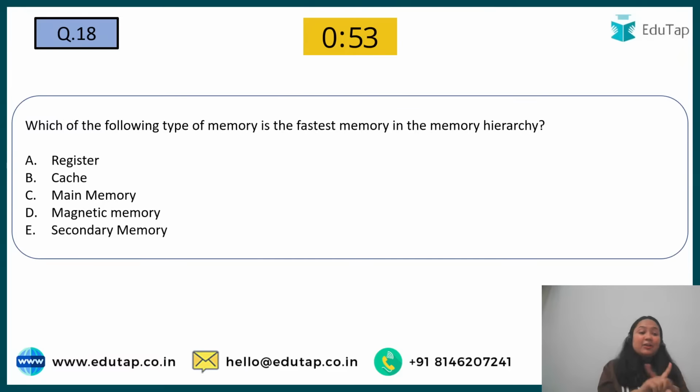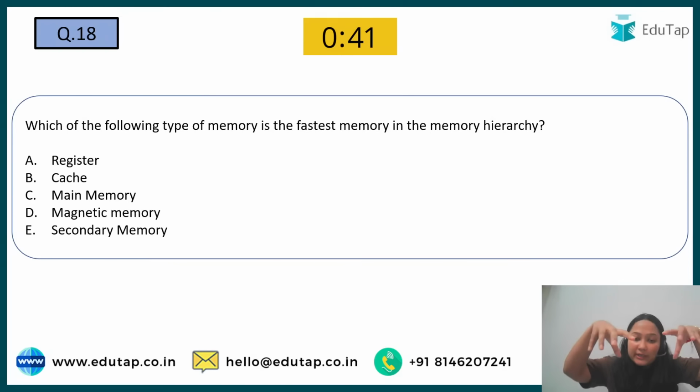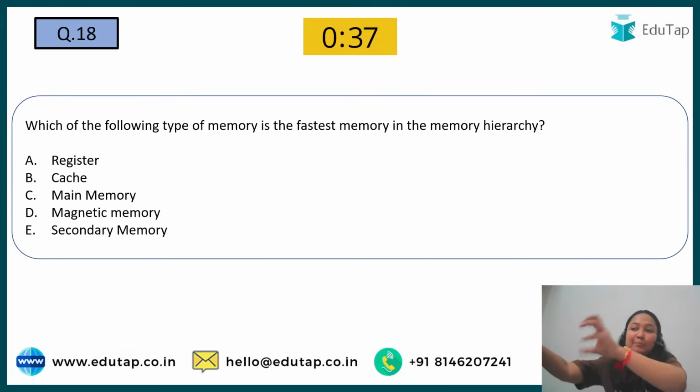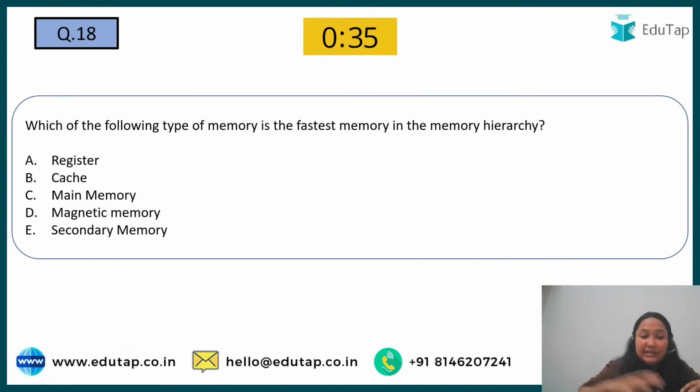If the register option is not there, in that case cache will be the answer. Register is very small. You know what happens when the computer is processing something? It requires data, it requires instructions, because it is working on that. At that time, rather than going to main memory and picking up the information then processing it, the CPU directly takes the things it is working with and keeps them in register, and then it solves and processes the things in register.